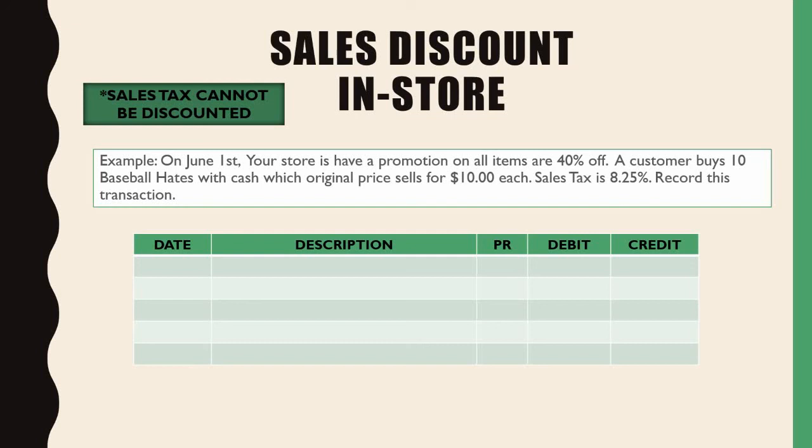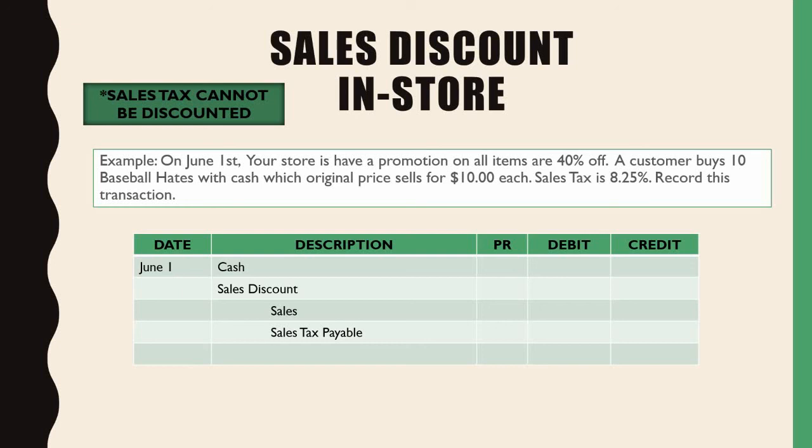Let's take a look at what the transaction is and what accounts we're going to be using. You need a cash account, for sure. But you also need a sales discount account. Sales discount is a contra account because ultimately you're not receiving all of the income.